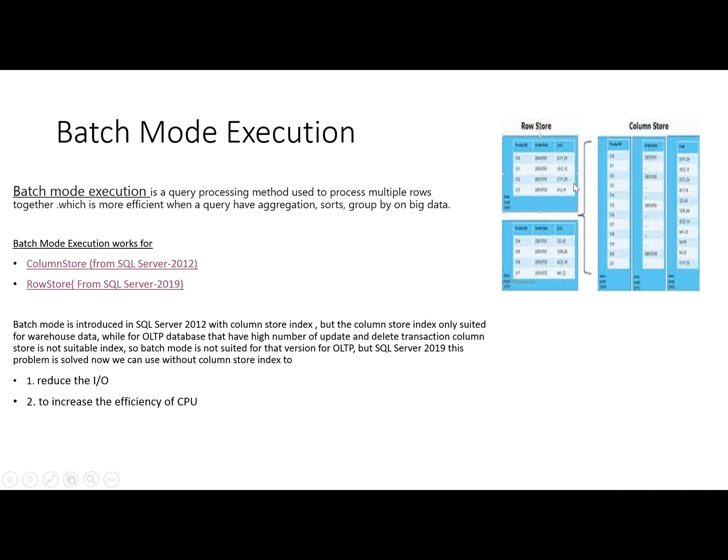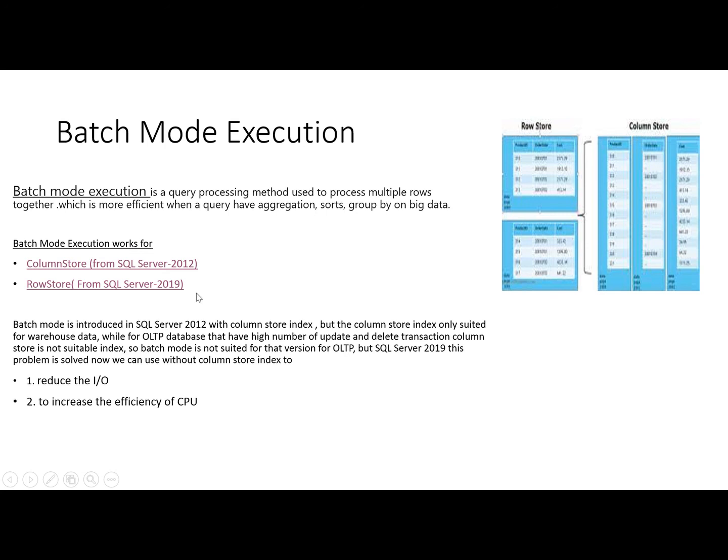So if we have SQL Server 2012, 2014, 2016, or 2017, then the batch mode will be available only for the column storage. We must define the column store indexes for the tables to get the benefits of the batch mode execution.